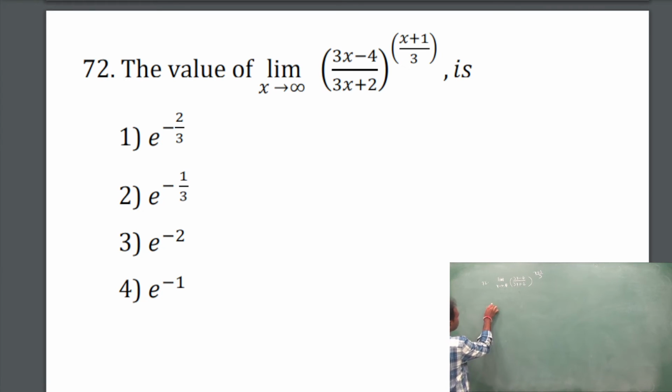It is equal to e power limit x tends to infinite, g of x into f of x minus 1, that is x plus 1 by 3 into 3x minus 4 by 3x plus 2 minus 1. Therefore, it is equal to e power limit x tends to infinite, x plus 1 by 3.